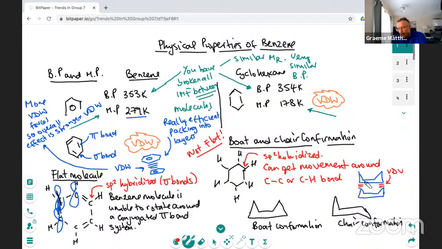It's touching the other one. It's really, really close to it. So this is the only point you can have van der Waals forces. And so therefore, you can say that there's less surface area contact like this, which means that you have less van der Waals forces.